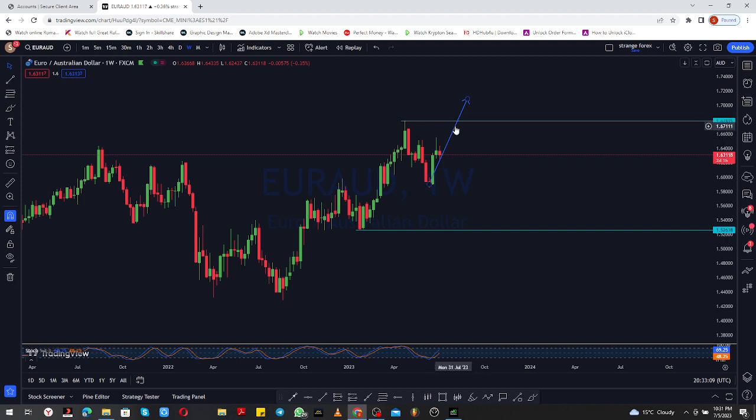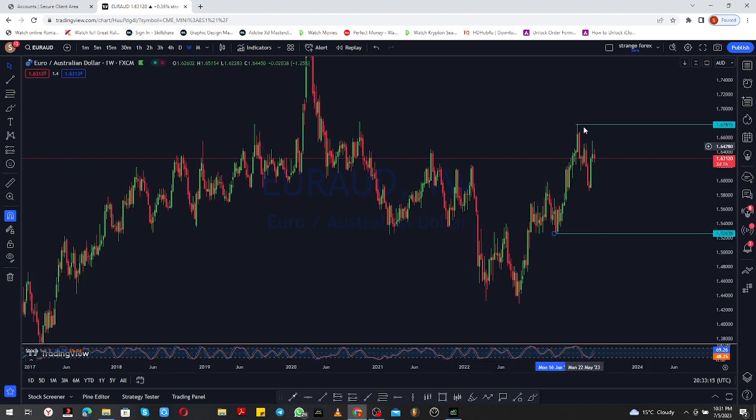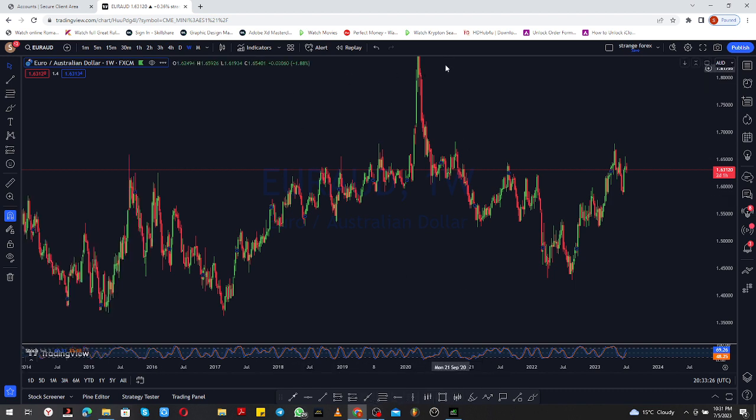As you can see, guys, we have such a structure, right? Even here, if you check the market based on this leg here, you can see that we had a low here, we had a low, and we had a high.